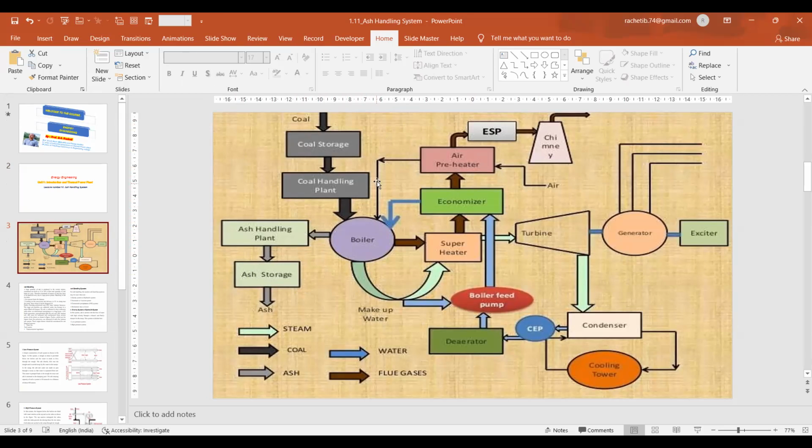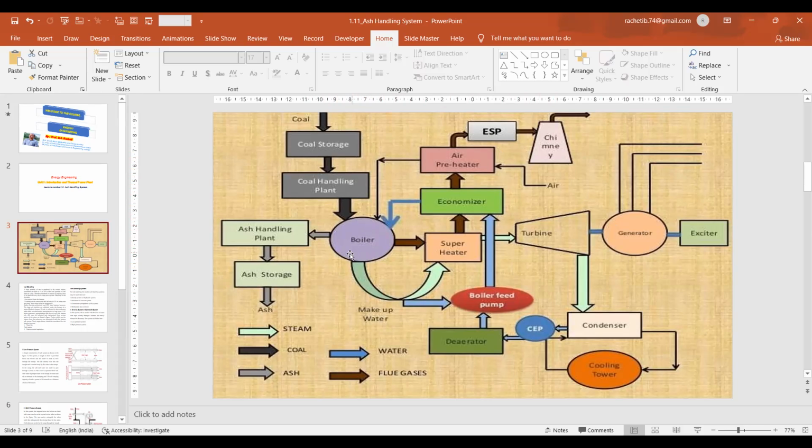Then this steam is taken to the turbine for electricity generation. After burning of this coal, there are 2 types of ash generated. The ash is in 2 forms we saw: bottom ash, the ash which falls down, and fly ash, which flows along with the flue gases.